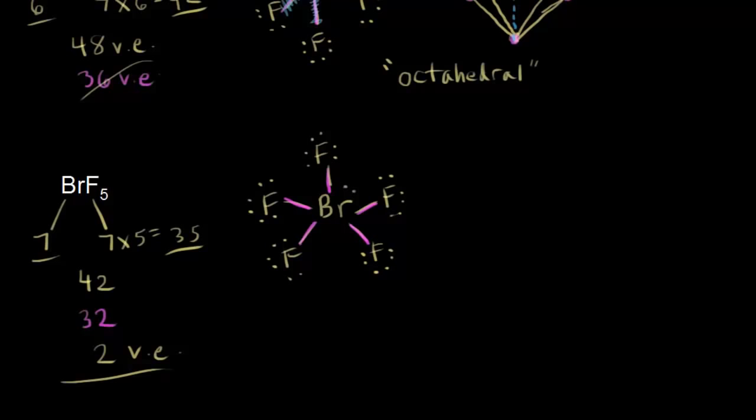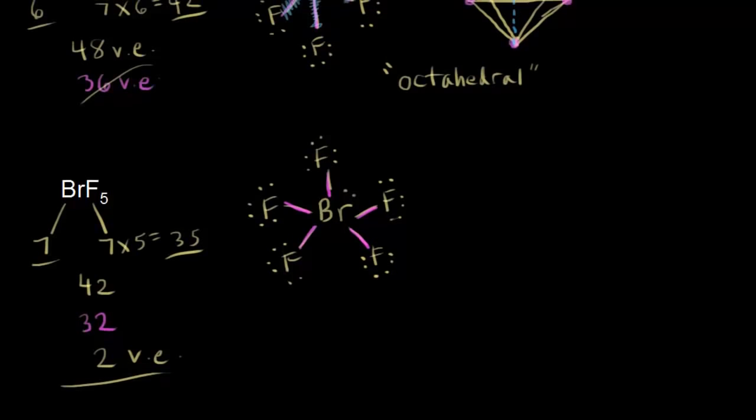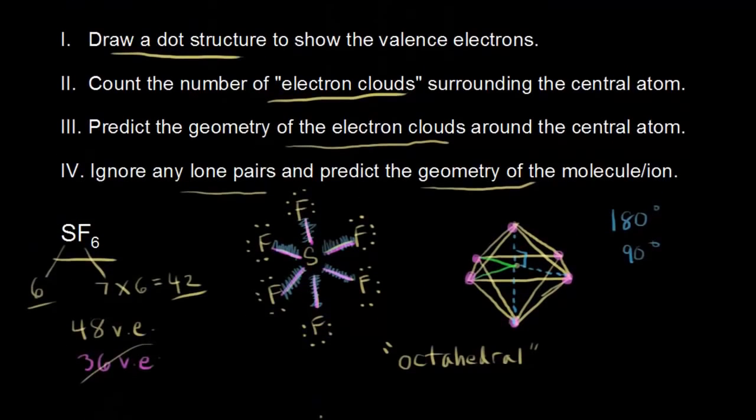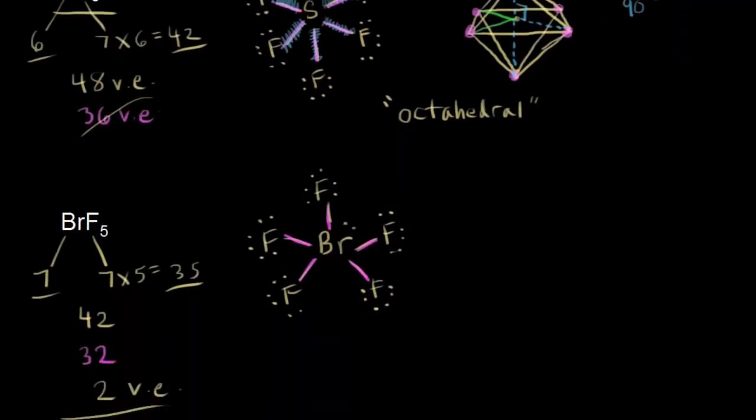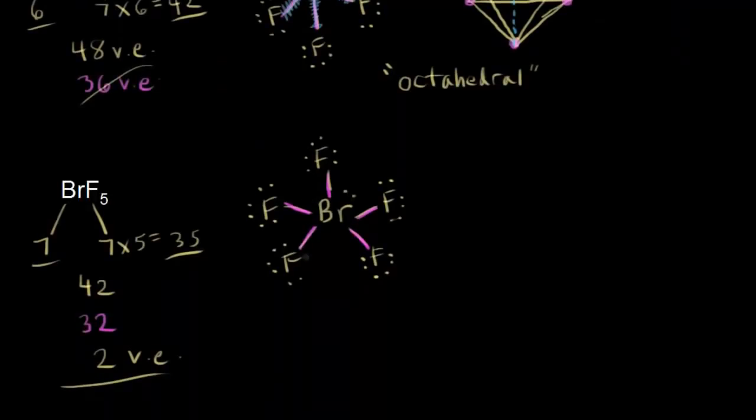Let's go back up here and look at our steps again. So after drawing our dot structure, we next count the number of electron clouds that surround our central atom, and then predict the geometry of those electron clouds. If we look at our central bromine here, let's see how many electron clouds. Well, we would have these bonding electrons, a region of electron density, and we keep on going around here.